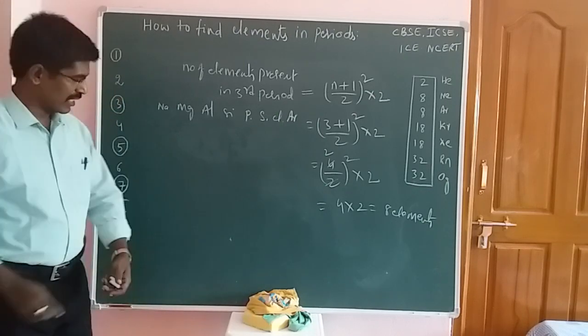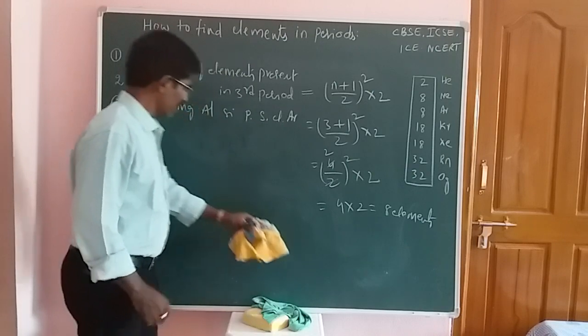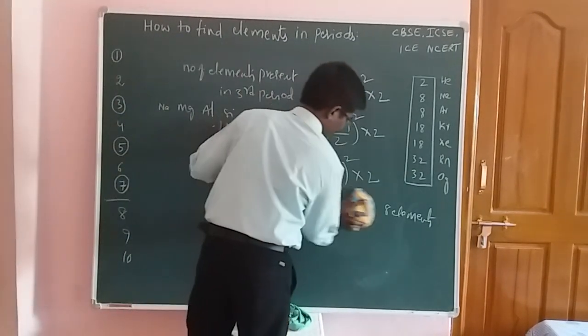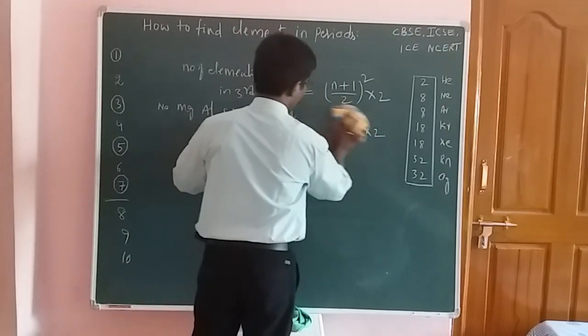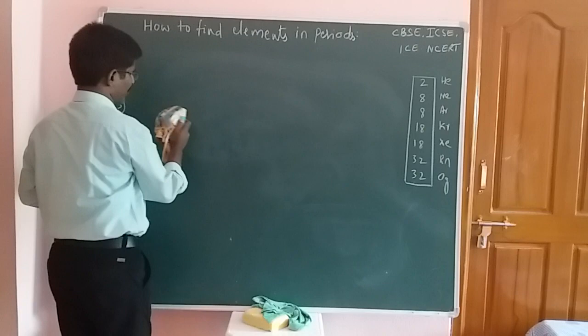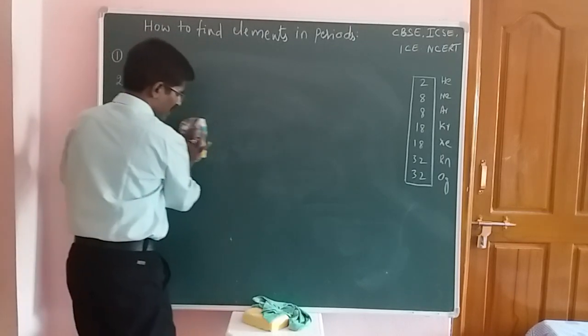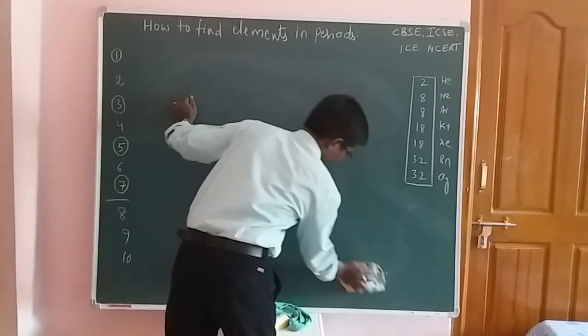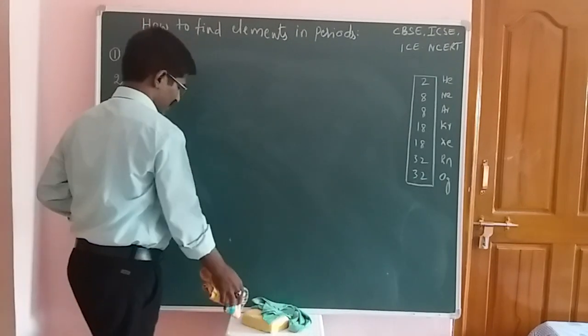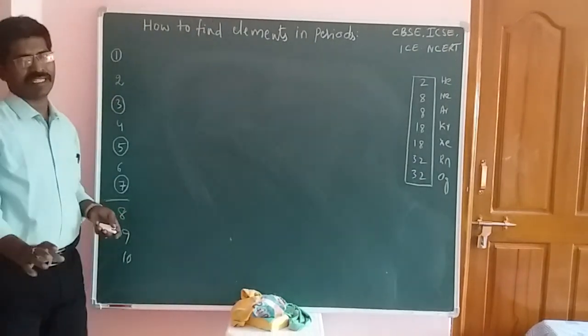Okay, students. Next one, how to use the same formula. Now in these formulas, the first formula is for odd number containing periods. That means third period, fifth period, seventh period, and the next one is the ninth period, 11th period, like that.